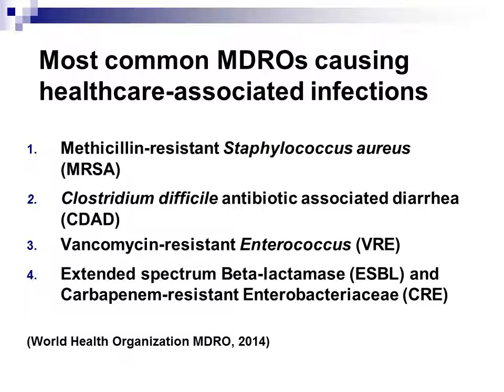The top 4 MDROs causing healthcare-associated infections according to the World Health Organization are methicillin-resistant Staph aureus, abbreviated as MRSA, Clostridium difficile linked to antibiotic-associated diarrhea, vancomycin-resistant Enterococcus, or VRE, and lastly, extended-spectrum beta-lactamase, or ESBL producers.